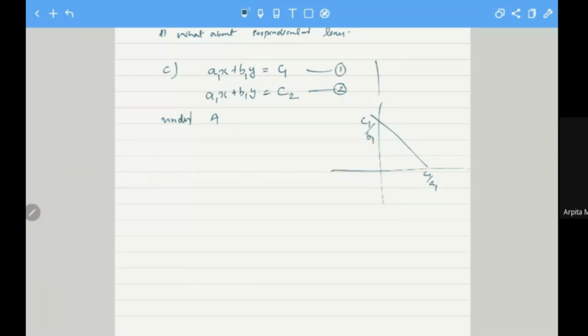The parallel line will be something like this. The x-intercept will change to C2 by A1, and the y-intercept will be C2 by B1. So these are the parallel lines. So the image will again have C1 and C2 fixed for the image also. So they are also parallel lines. That is clear, right?